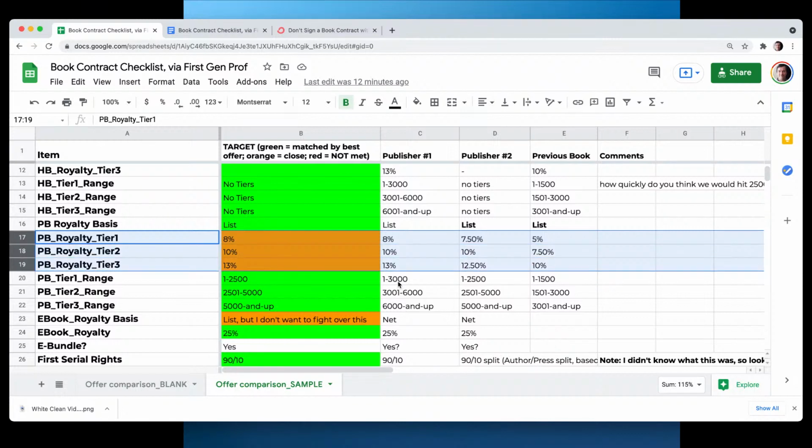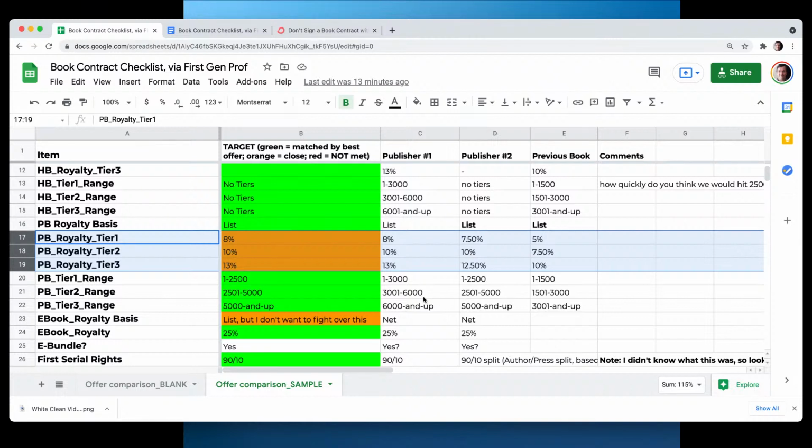If I have to sell 3,001 copies to get to the 10% marker, that's not as good as if I only have to sell 2,501 copies to get to the 10% range, because I get an additional 500 sales at this better royalty rate.